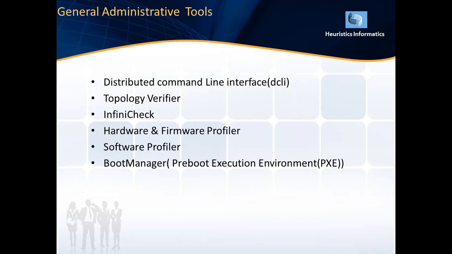This command line utility will execute the command across all the compute nodes and display the output from all of them. So if you need to fire any command across all the compute nodes, we can use the distributed command line interface, which has its own syntax and works in a different environment. Okay, so these are the administrative tools that are available from Oracle.